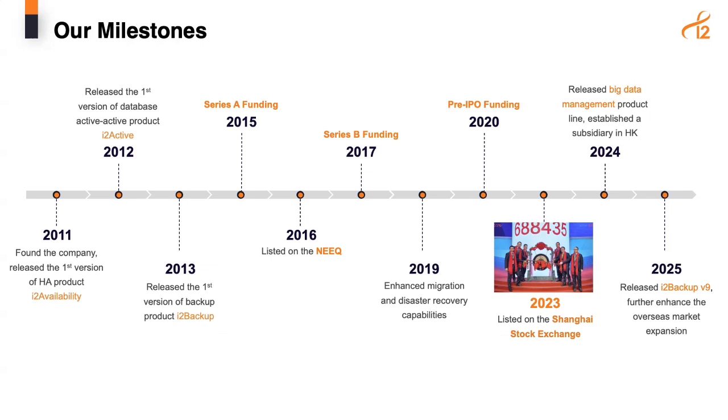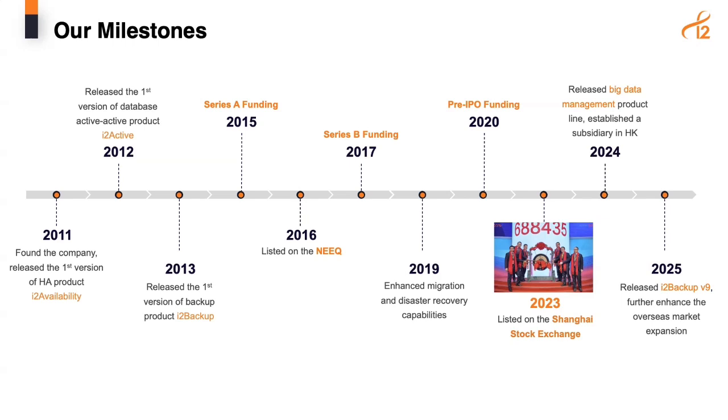It's an application-level high availability product, very similar to OpenText DoubleTake. In 2012 we released the first version of our data active product. We call it I2 Active, and the next year we released I2 Backup, which till today has been released up to version 9.